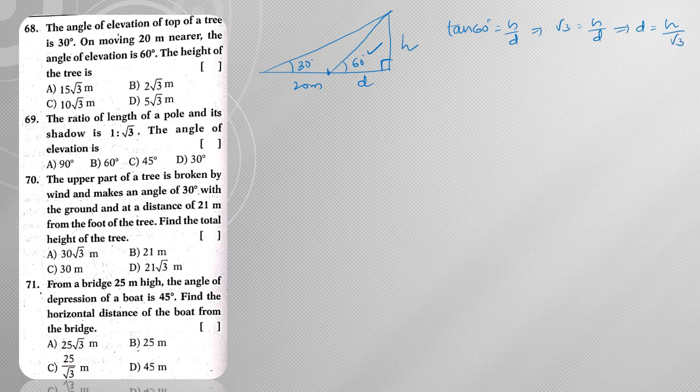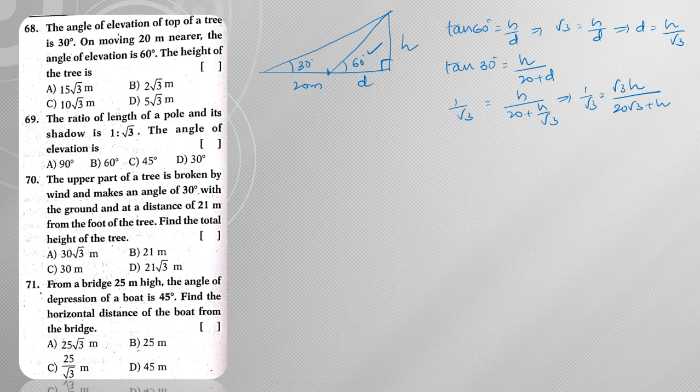Next, coming to the big triangle, tan 30 degrees can be written as h by 20 plus d. So tan 30 is 1 by root 3 is equal to h by 20 plus d, which can be written as h by root 3. Now taking out the LCM, this becomes 1 by root 3 is equal to root 3 h by 20 root 3 plus h.